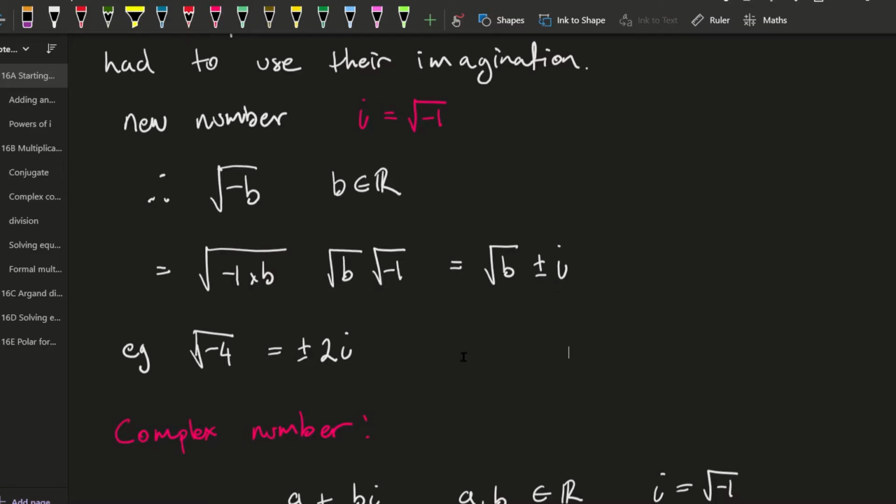If I substitute in, say, 4 for b here, then we end up with the square root of 4 being 2, giving plus or minus 2i.